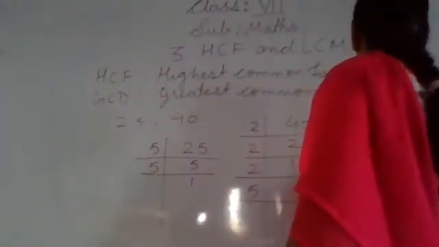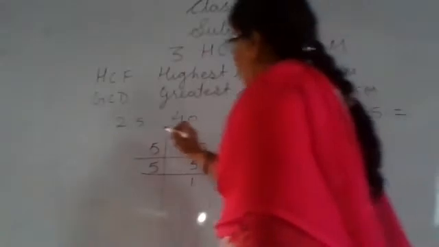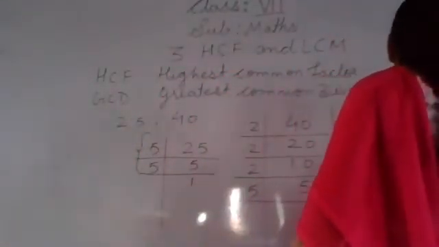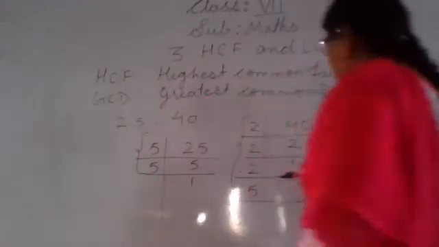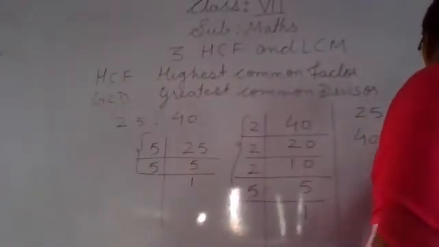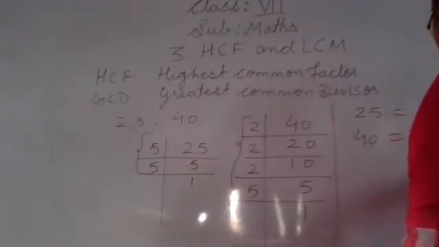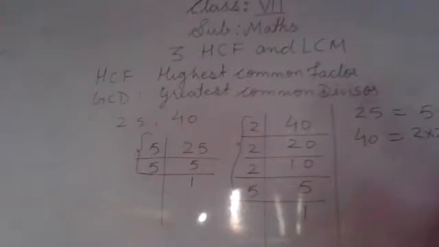Now here we will write the factors of 25: 5 into 5. And 40, what are the factors of this? 2 multiplied by 2 multiplied by 2 multiplied by 5. Now see, what is the common factor between 25 and 40?